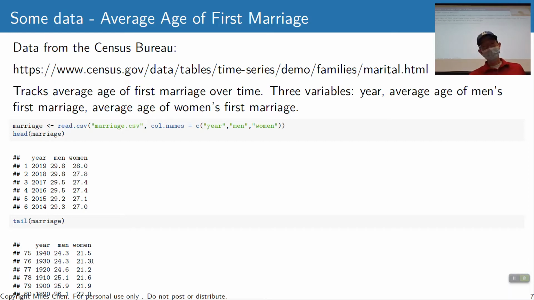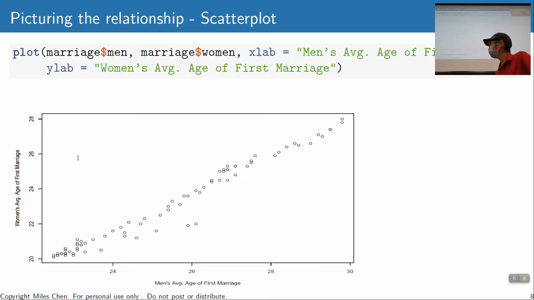So there are a few things that we could plot. One is the average age of men versus the average age of women. We could just take these 2 columns and plot them against each other. Each dot here is a different year in which data was recorded. I don't know exactly which year this dot represents.